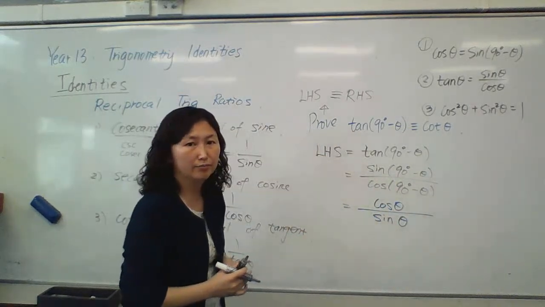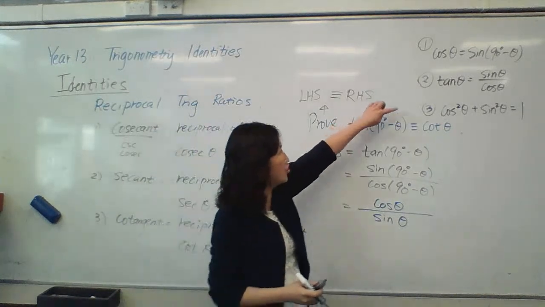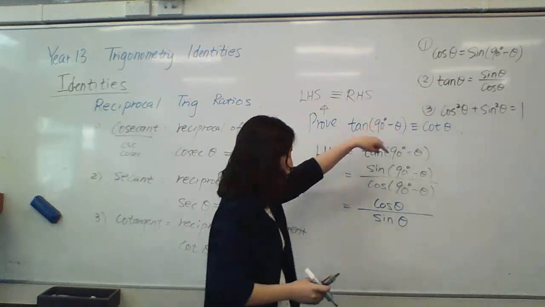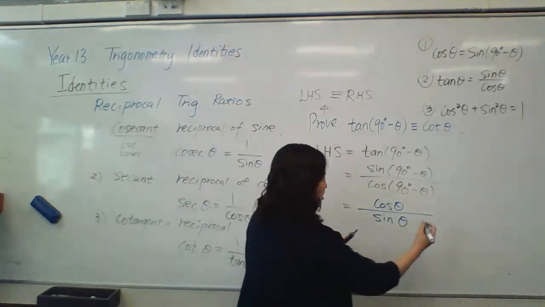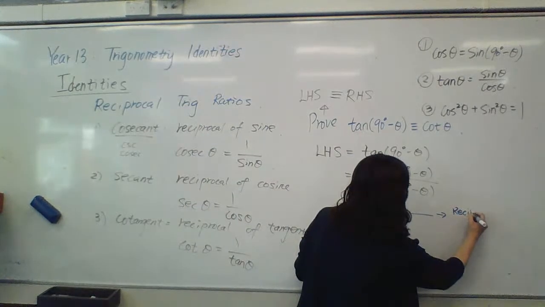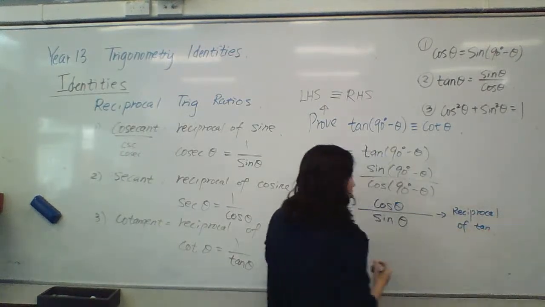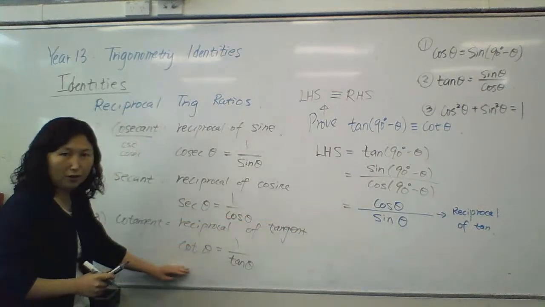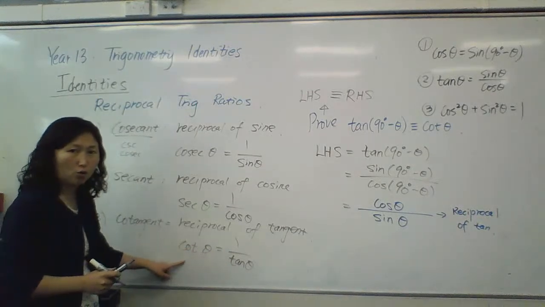And the top is actually equivalent to cosine theta. Now, if you look at this, tangent is sine over cosine. And here we got cosine over sine. So this is actually the reciprocal of tangent. What is the reciprocal of tangent? We know from the previous one that the reciprocal of the tangent is cotangent.